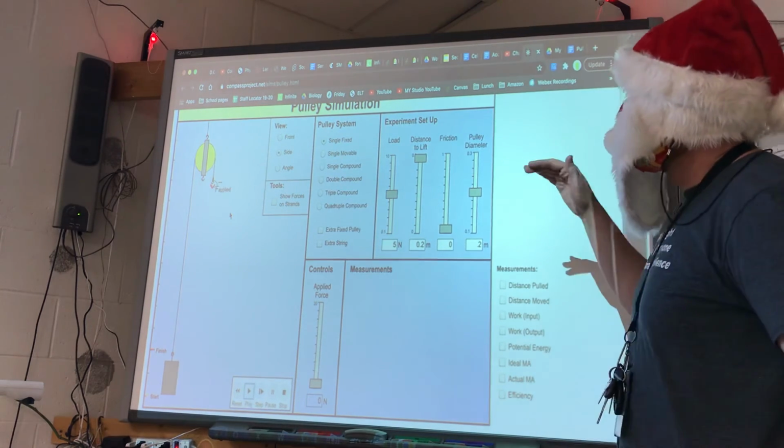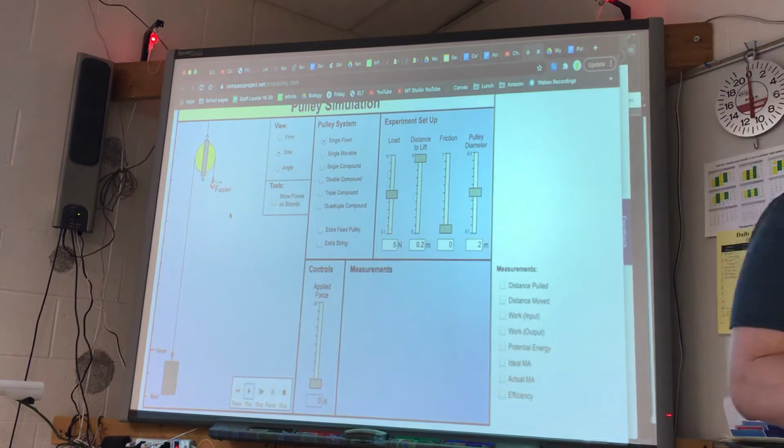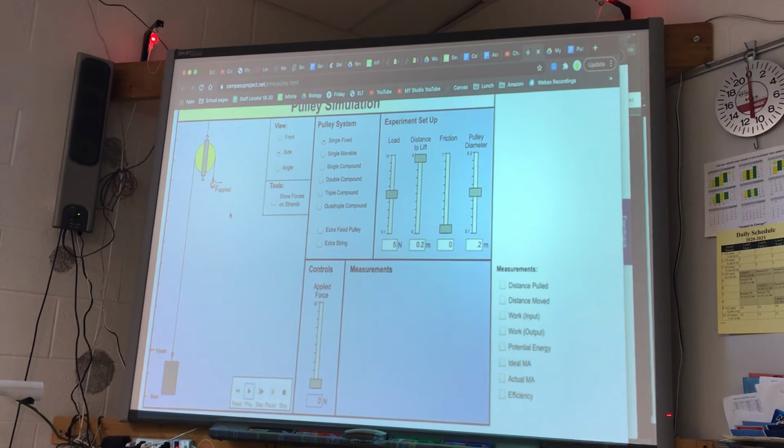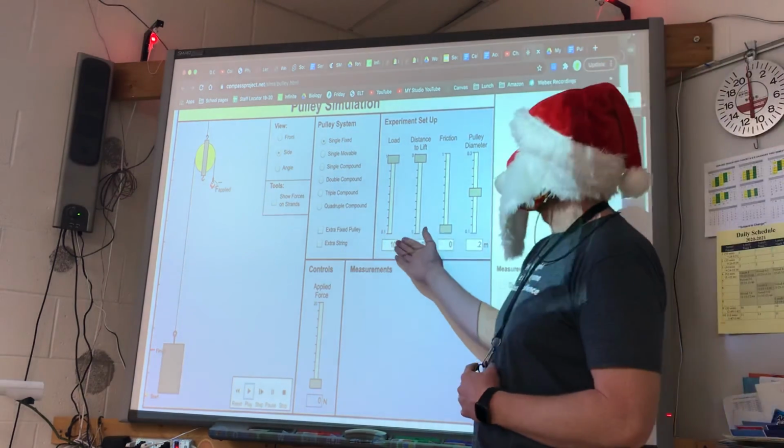But the idea is, from a pulley configuration, we can change and vary things, and I'm just going to make this 10. So what we called F of G, they call load. So the load on our pulley configuration is 10 newtons.